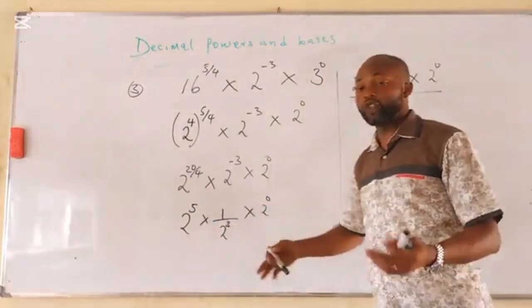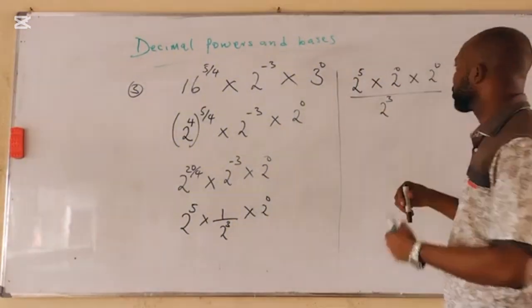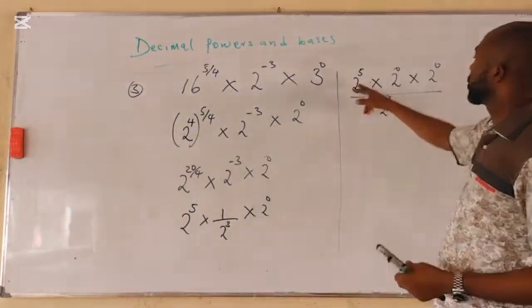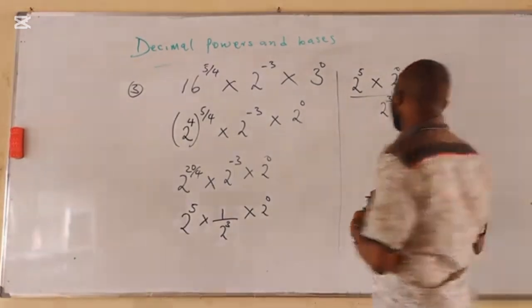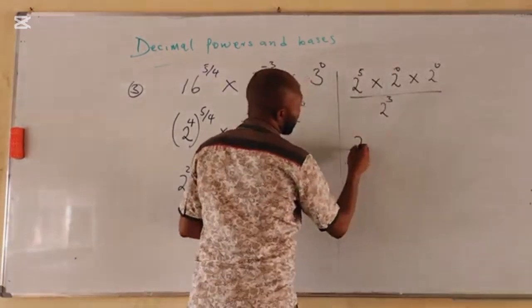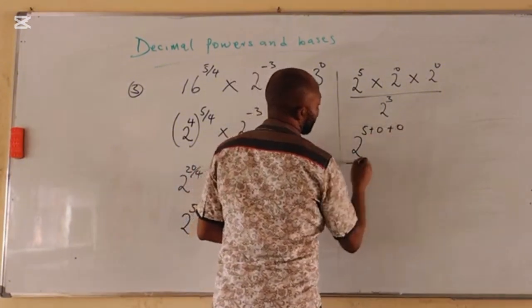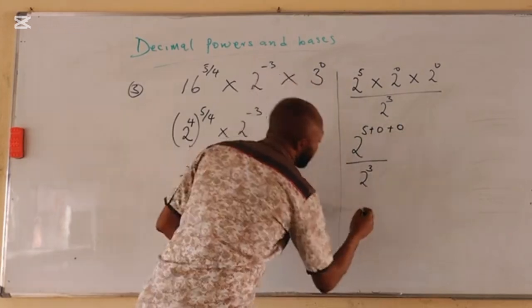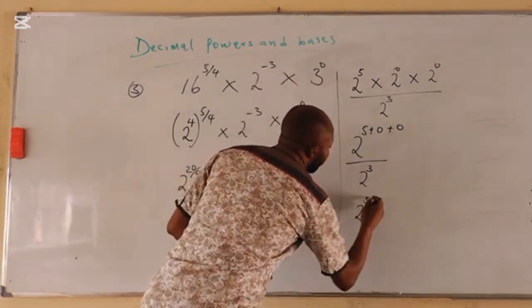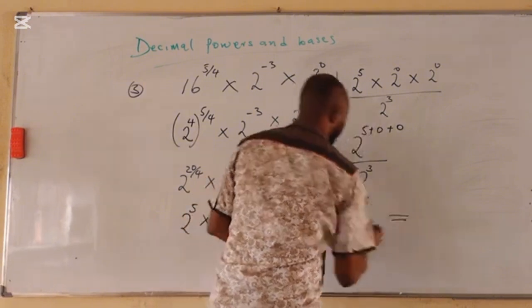So let me just use 2 because I have a common base here, 2, and a common base here, 2, raised to the power 0. The law says that when numbers with equal bases are multiplied, their powers are added. So I will have 2 raised to the power 5 plus 0 over 2 raised to the power 3, and that is 2 raised to the power 5 over 2 raised to the power 3. This is the division law.